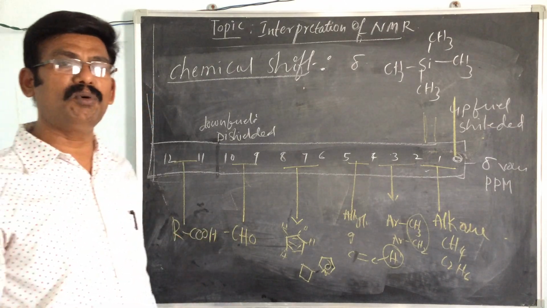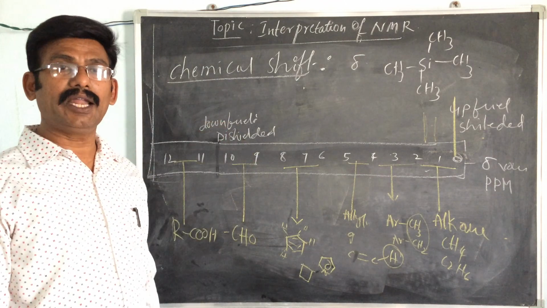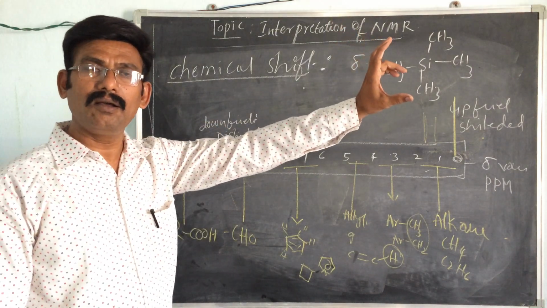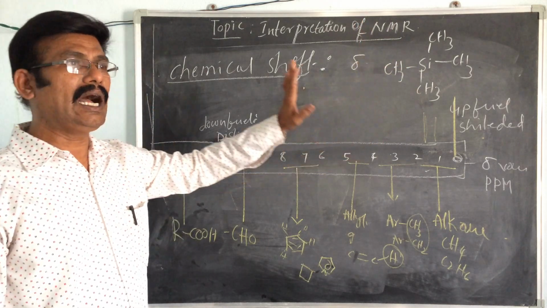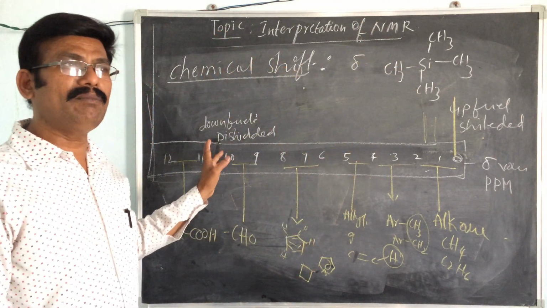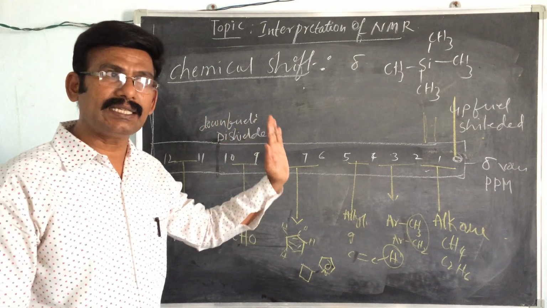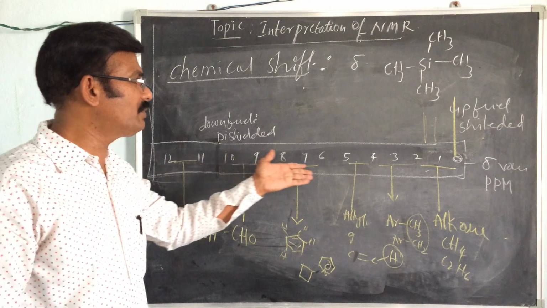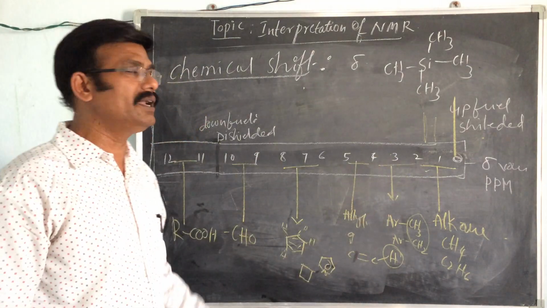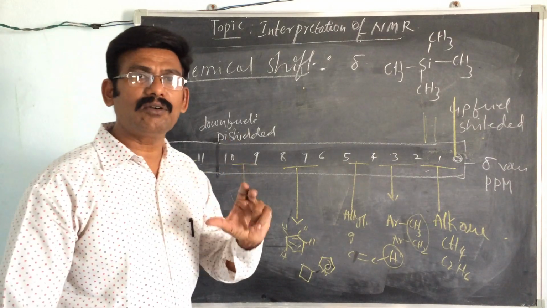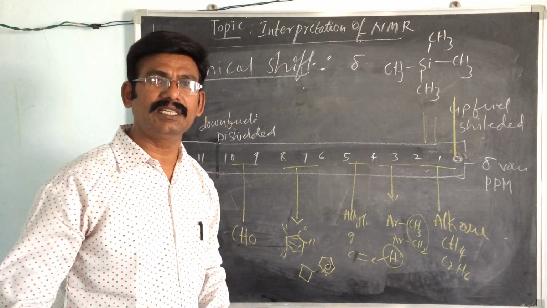This is mainly important. In a given organic sample, first mass gives the molecular weight, next IR gives the functional group, and NMR gives the number of hydrogens and number of carbons, and where it appears in the chemical shift, that is, which group appears in which position. Okay, so now the actual questions they will ask in the university.